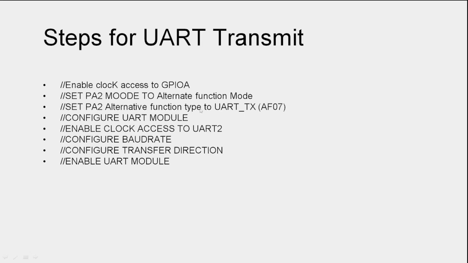Then configure the UART module. Enable the clock access to the USART module and configure the baud rate based on the system clock frequency used. Then configure the UART transfer direction and enable the UART module. So these are the steps.